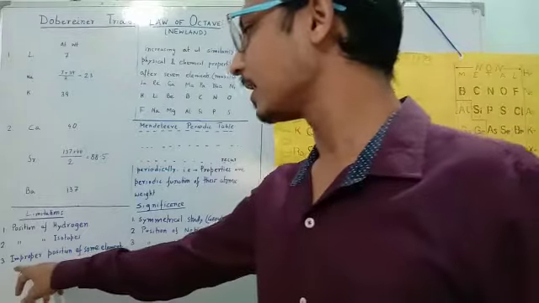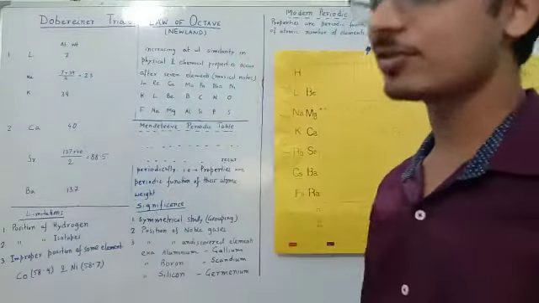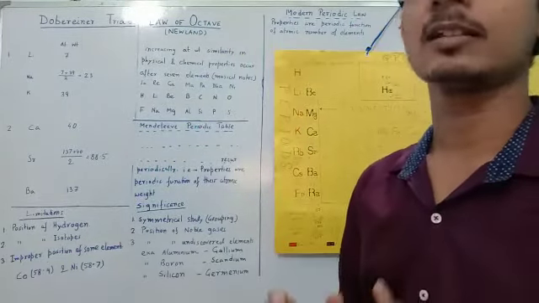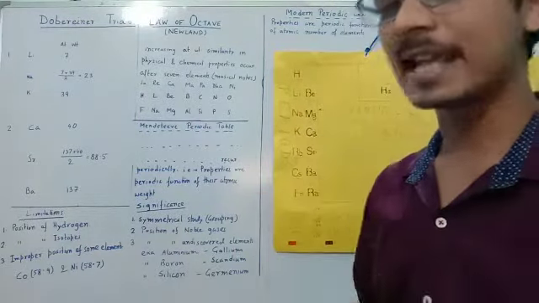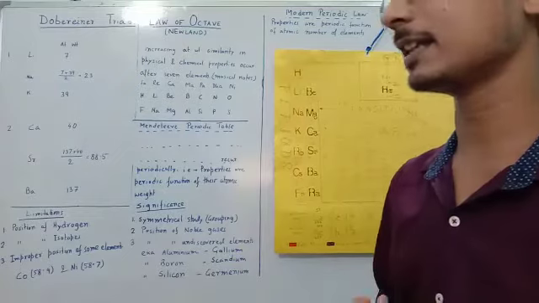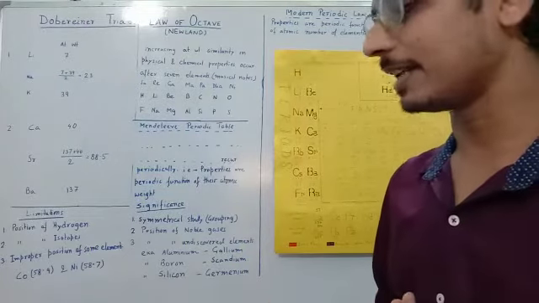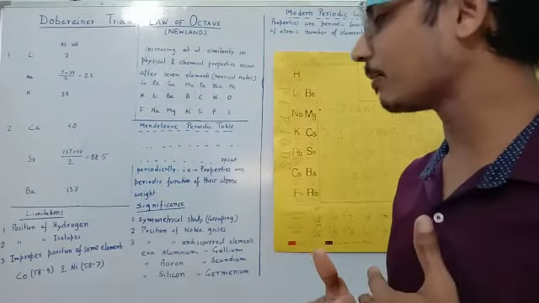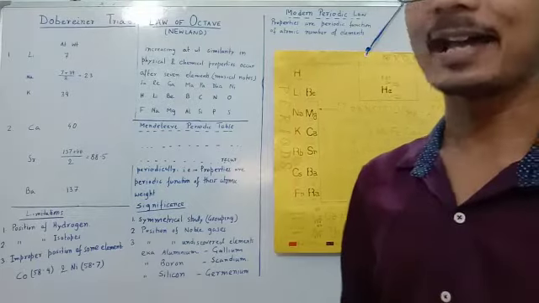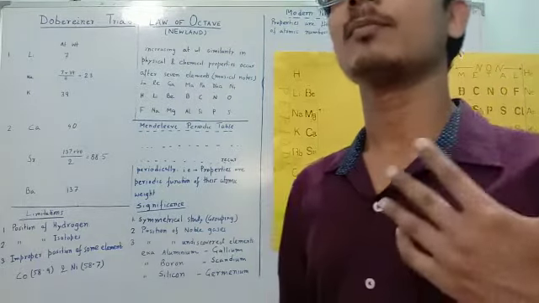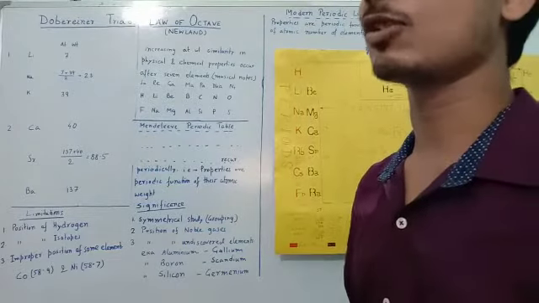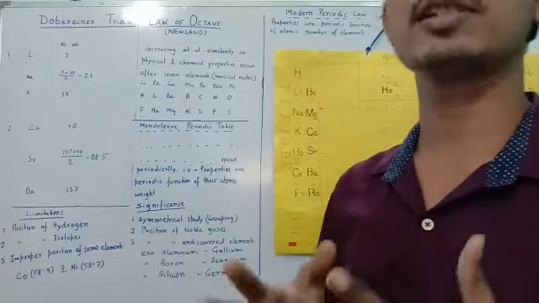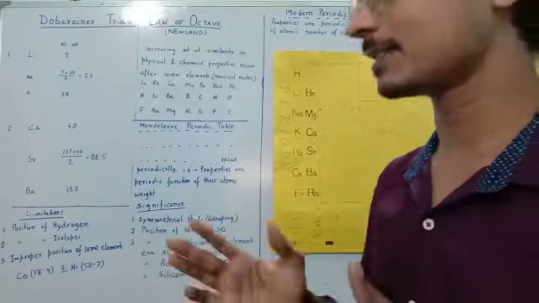And number three, while arranging the elements to keep similarities between physical and chemical properties, some elements, although their atomic weight is higher, are placed first, and the element with lower atomic weight is placed after.